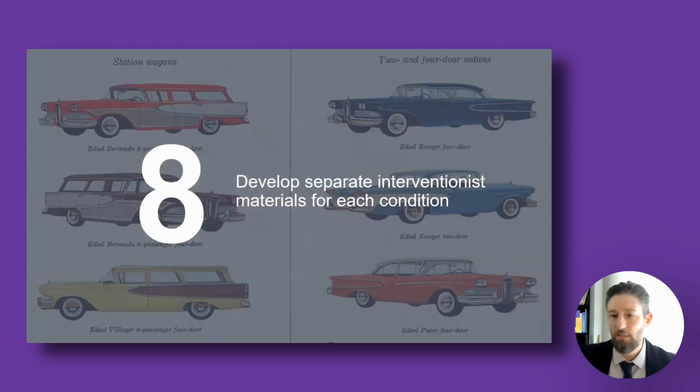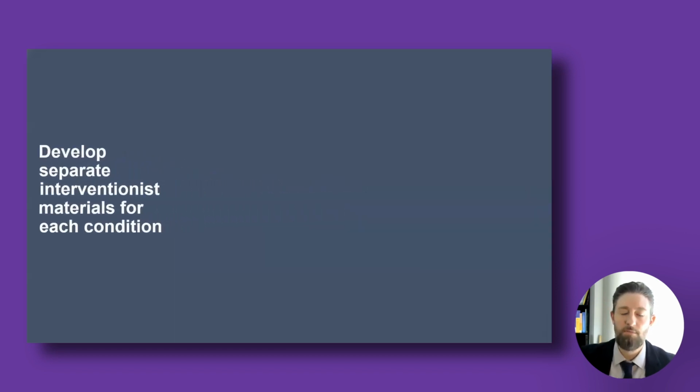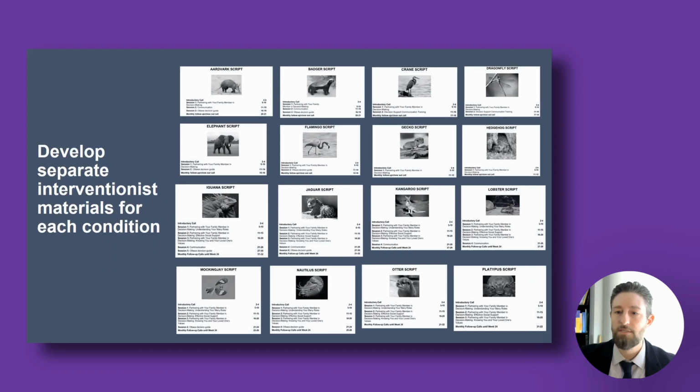So very relatedly, in order to ease the nerves of interventionists, develop different materials for each condition. So what does that mean? Instead of saying condition 1, 2, 3, 4, 5, we've named all our conditions by animals. So it's aardvark, badger, crane, dragonfly, all down the line, and it's just conditions 1 through 16.